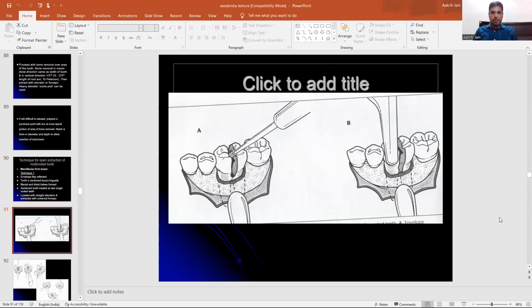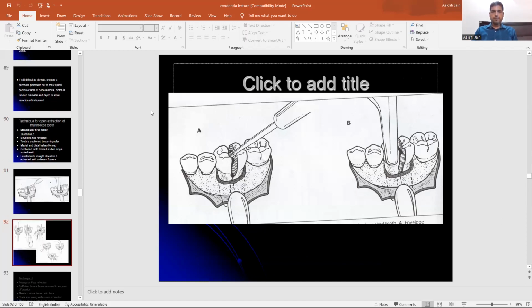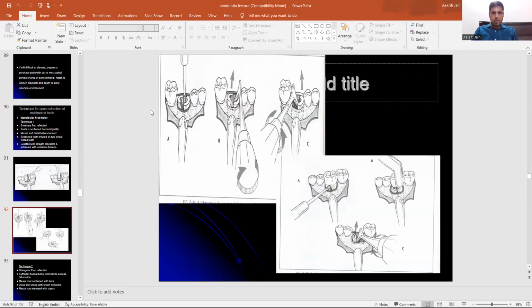Now you can see or imagine in the diagram. This is how you split the tooth in two halves and treat it as two individual teeth. Deliver the tooth with forceps in the individual manner. If roots remain, section the root, put the elevator in between, and pull the root out step by step.